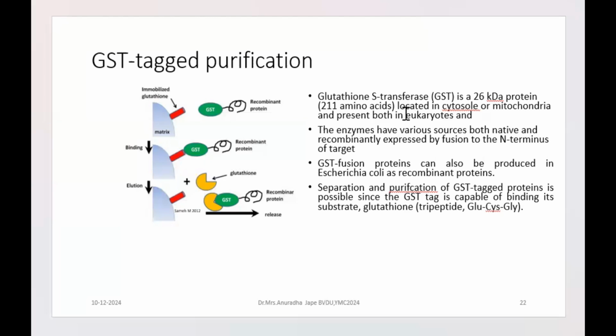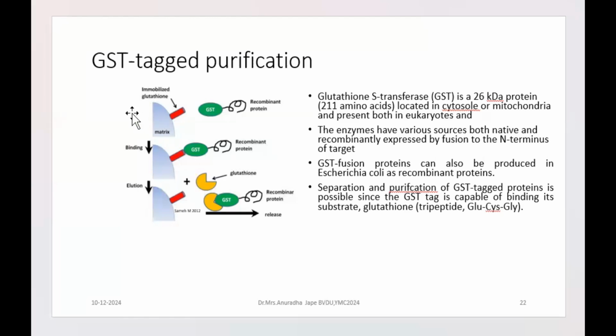So you are going to fuse GST to the protein of your interest. Of course, again, as in the earlier case, during recombination experiments you can insert the sequence, or through post-translational modifications, you can see to it that this GST gets attached to the protein of your interest. And then you are going to go for separation.